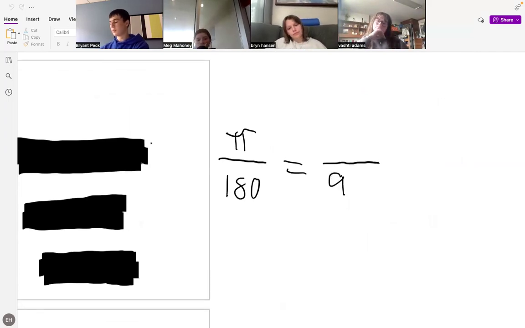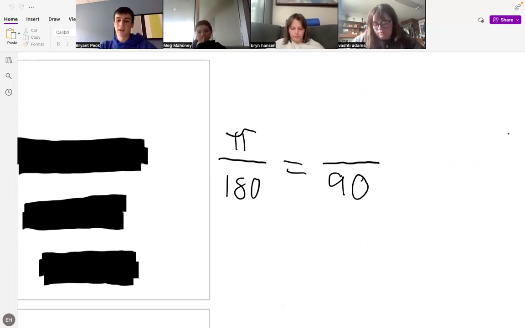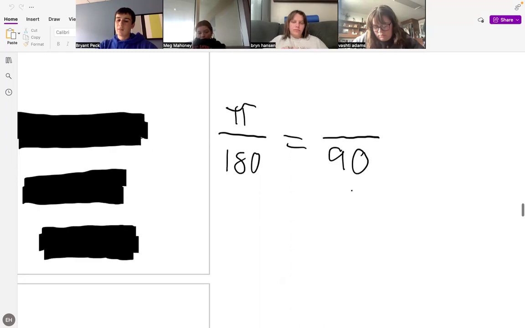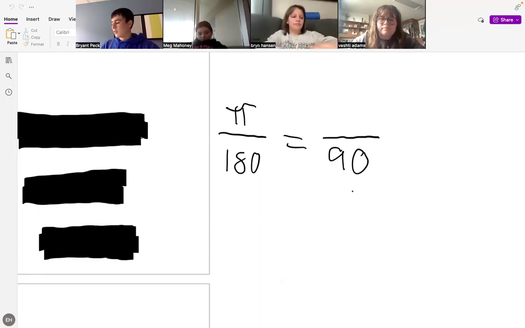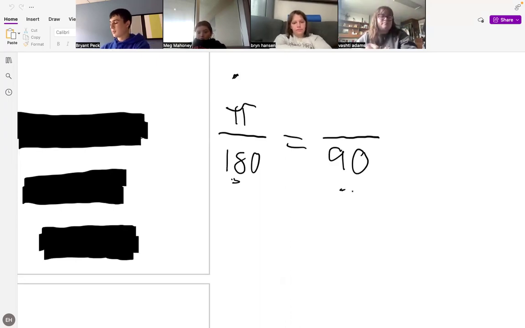and if we want to find what 90 degrees is equal to, we're going to put 90 degrees in the denominator, or the bottom of the fraction, because we want our degree values to be in the same spot, and then we want our radian values to be in the same spot. If we set up a proportion here, we'll just put a variable x here.